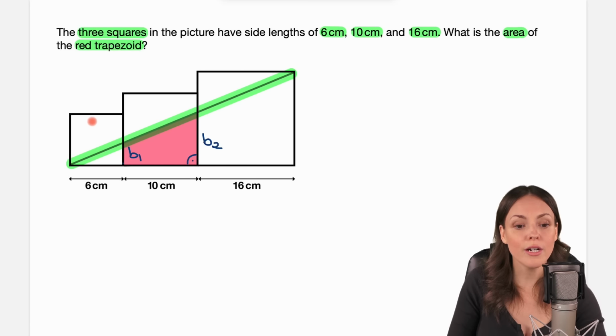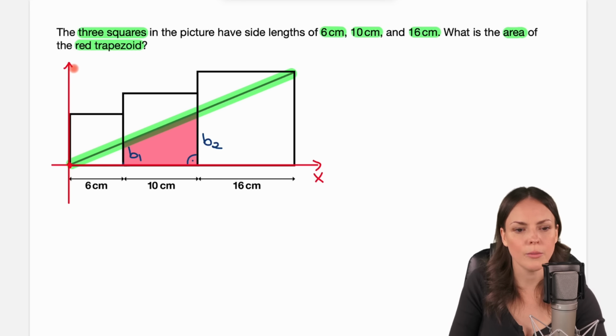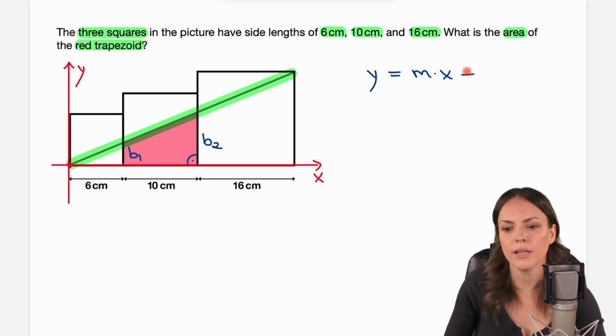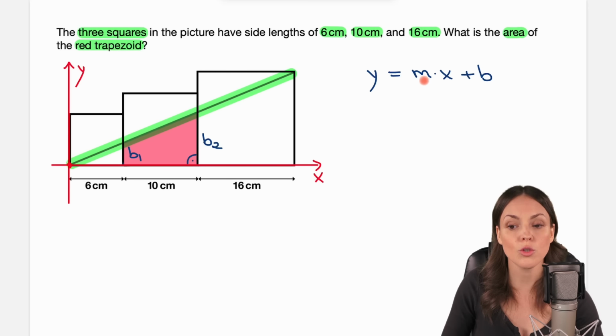So if we use a coordinate system, maybe we put it here so that we have our origin in here. Here we have the x-axis, here we have the y-axis, and we want to find the equation of this line. We can use the slope-intercept form for this because every line can be written as y equals m times x plus b. m is the slope of my line, and b is the point where my line intersects the y-axis.